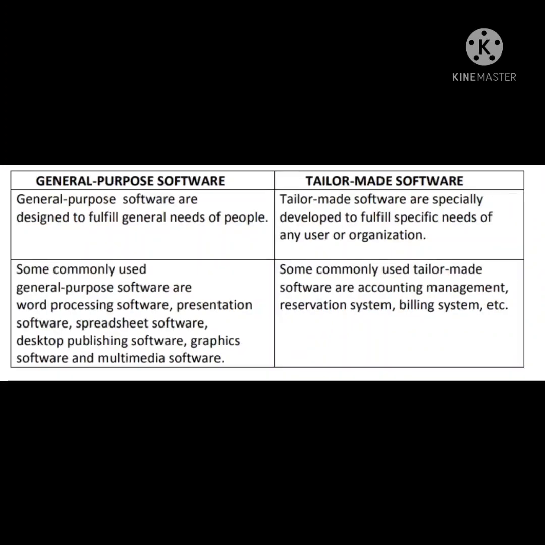Now let us see the difference between general purpose software and tailor-made software. General purpose software is designed to fulfill the general needs of the people. Some commonly used software are desktop publishing, spreadsheets, etc. Tailor-made software, or special purpose software, is specially developed to fulfill the special needs of any user or a particular organization.